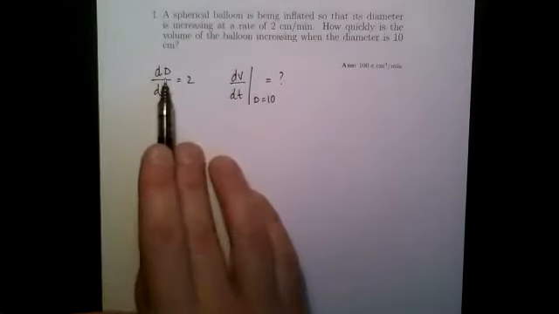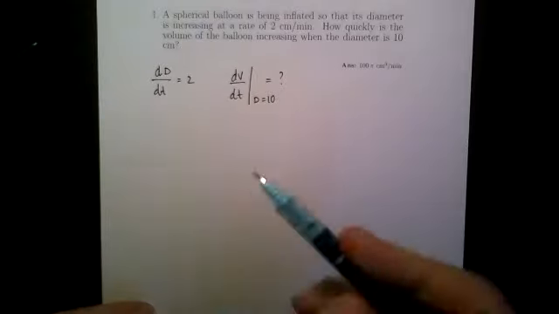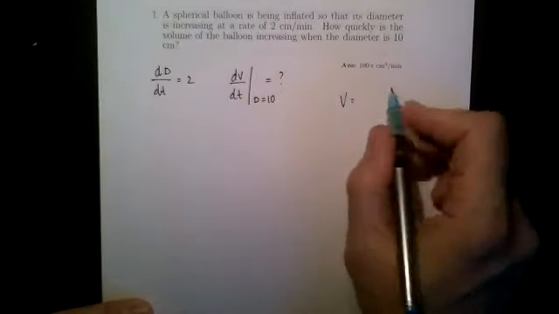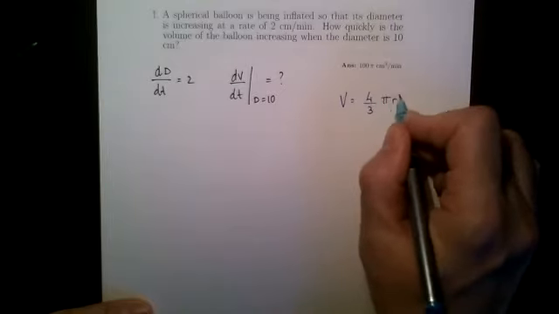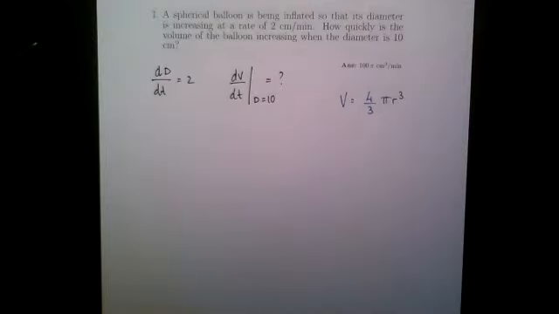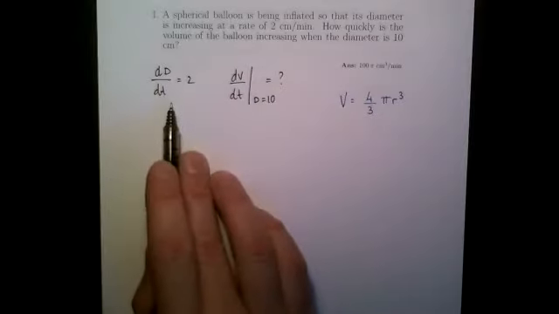So I need to find a relation between the diameter and the volume. Okay, so just a reminder, the volume of a sphere is 4/3 pi r cubed. And of course the radius is equal to the diameter divided by 2.